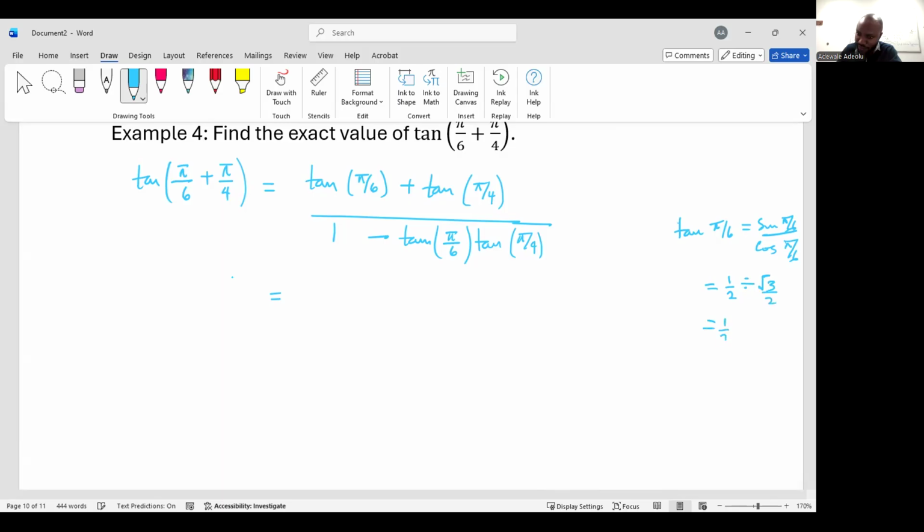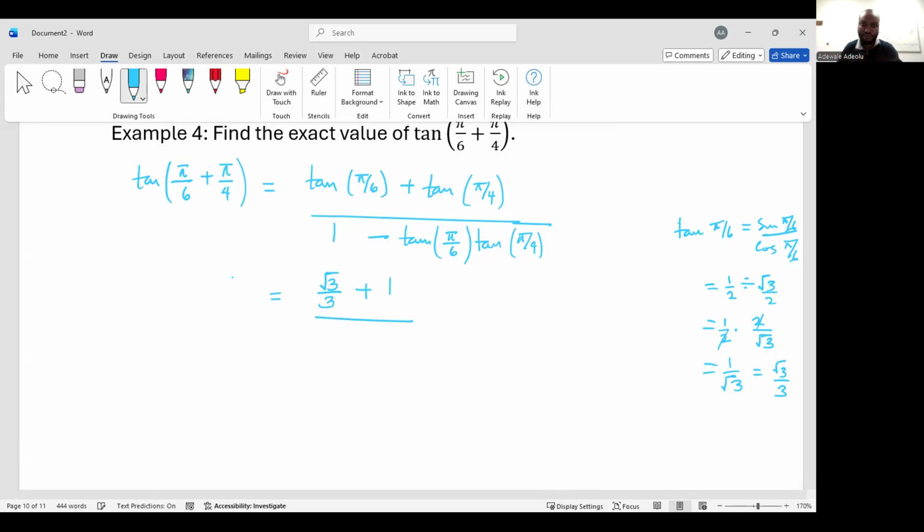So that is 1/2 times 2 over root 3. So 2 here 1, 2 here 1. So that is 1 over root 3, which becomes root 3 over 3. By now you should know that often, just like you know sine of pi over 6. So plus tangent of pi over 4. Well, sine of pi over 4 is root 2 over 2. Cosine of pi over 4 is root 2 over 2. If you divide it, you have 1.